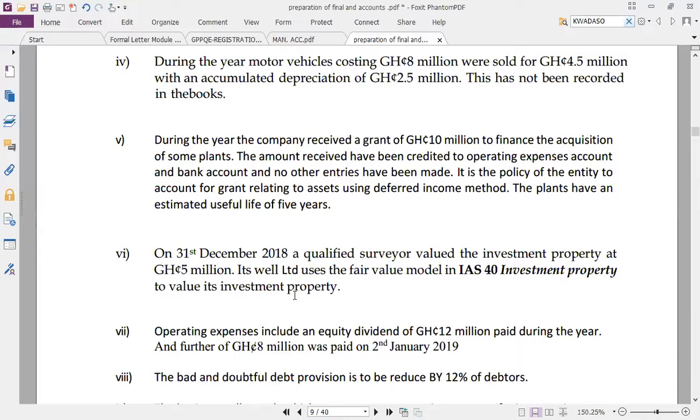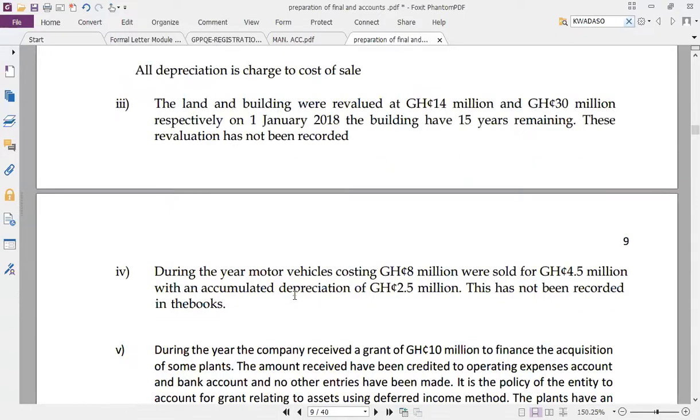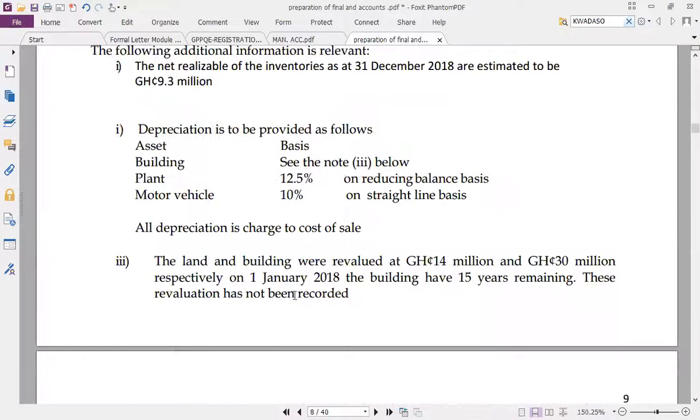Under IAS 40, if you select the fair value model, first you don't depreciate the asset, but you compare the fair value at the start and the fair value at the end. Any fair value gain or loss must be reported to the profit and loss. If it is a gain, add it to other income. If it is a loss, add it to your operating expenses.